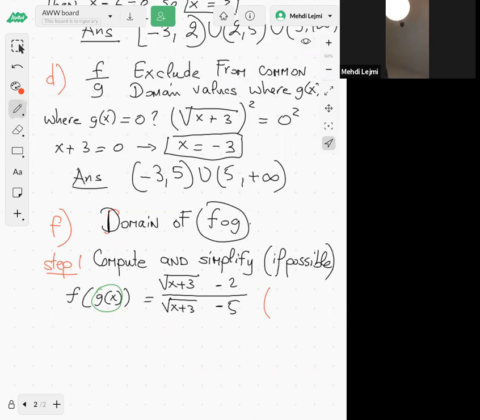So as you can see here, there's no simplification. Right? Now, in the step 2, I have to find the domain of the function in the step 1.